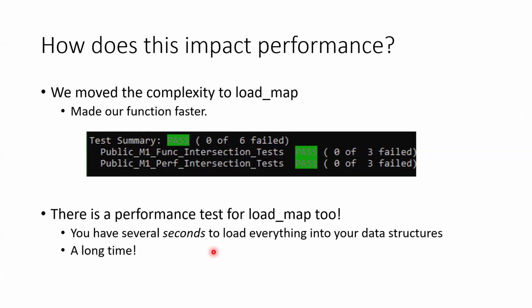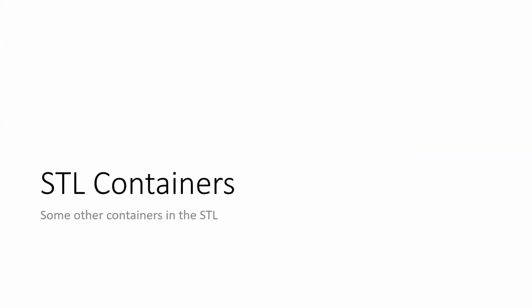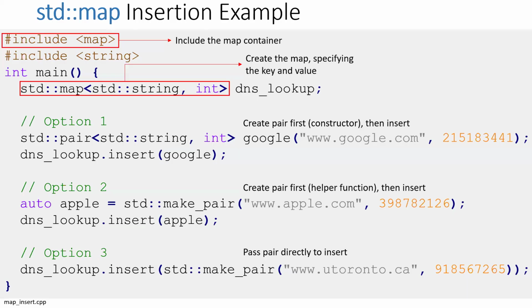A map is a binary search tree. So the structure itself is different. In the last tutorial, I went over the containers.